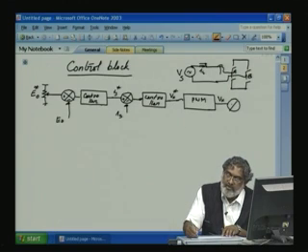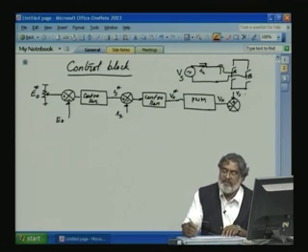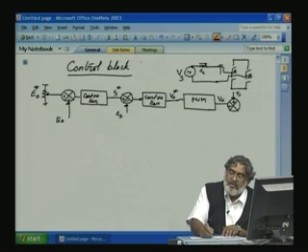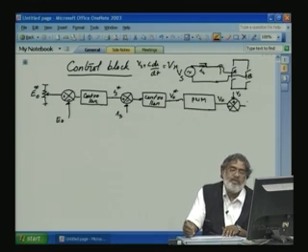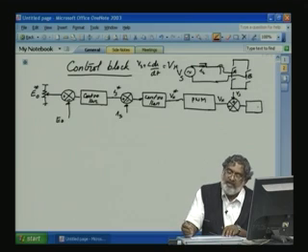So, Vs plus L into di by dt is equal to Vr. So, Vs minus Vr is equal to L into di by dt. This you integrate with the gain of 1 by L. Here you will get the IS.